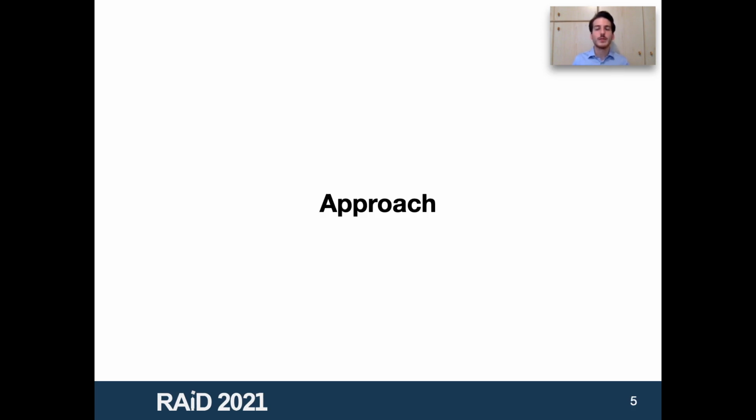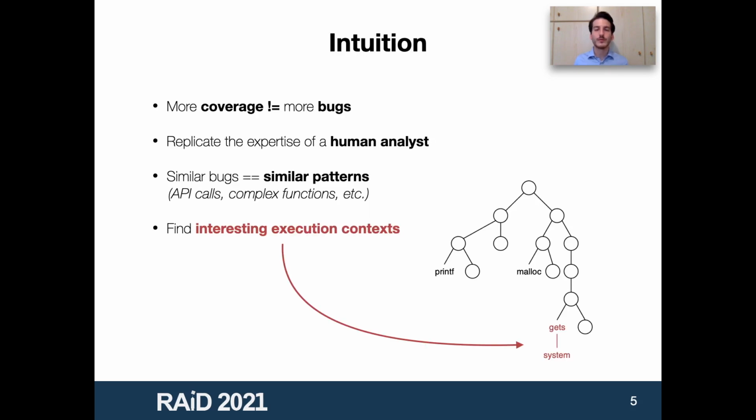Our approach builds on the idea that more coverage does not necessarily mean more bugs. Instead, what we want to do is to replicate the expertise of a human analyst that can easily point at some interesting patterns just by looking at a snippet of code.